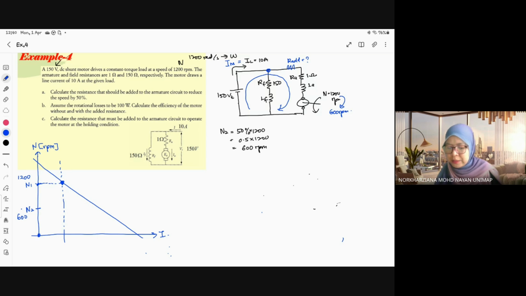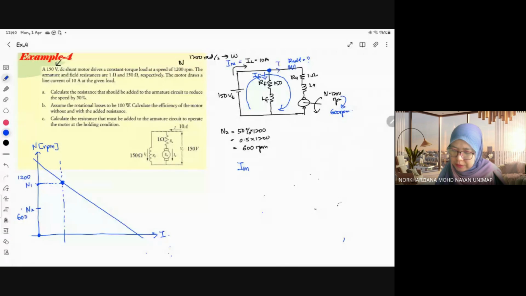And the motor current has two parts: IM is the summation of IF and IA. So if we would like to find IA1, let me give one equation first. This is equation 1.